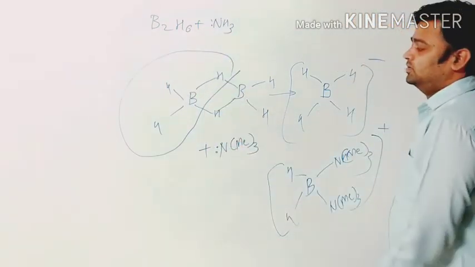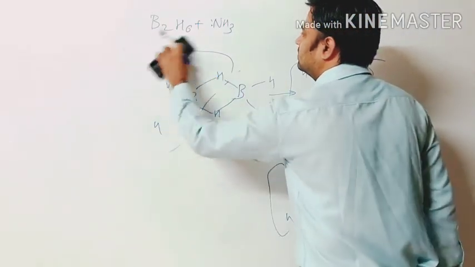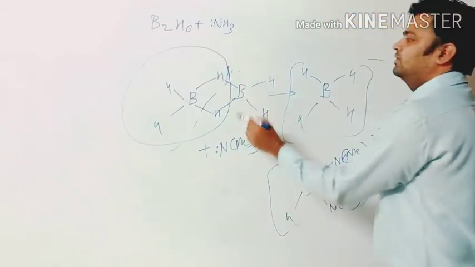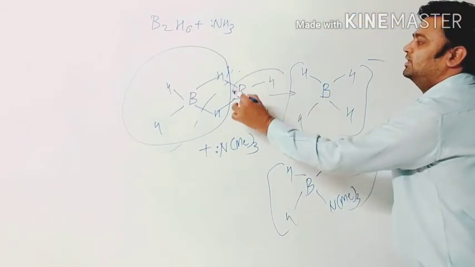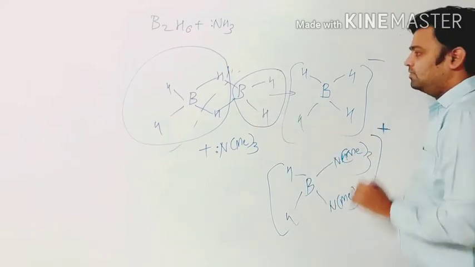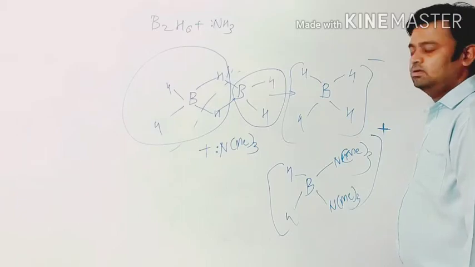This side is completely full, and this side is electron vacant, and there we give a positive sign. We will see the structure of diborane B2H6 in more depth in the later videos.